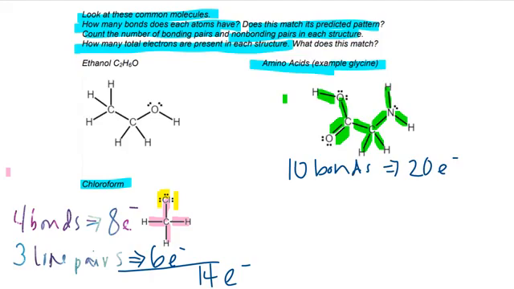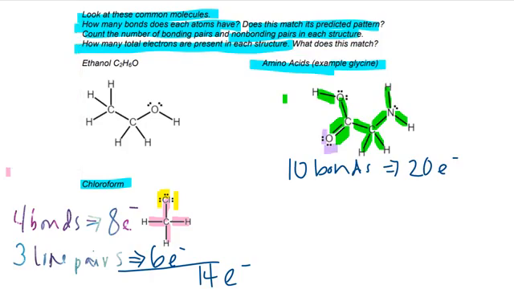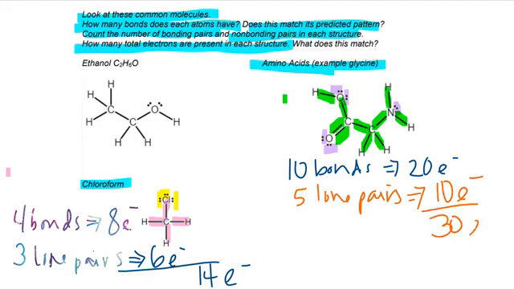And then let's look at our lone pairs. And we've got 1, 2, 3, 4, 5 lone pairs, which equates to 10 electrons for a total of 30 electrons.